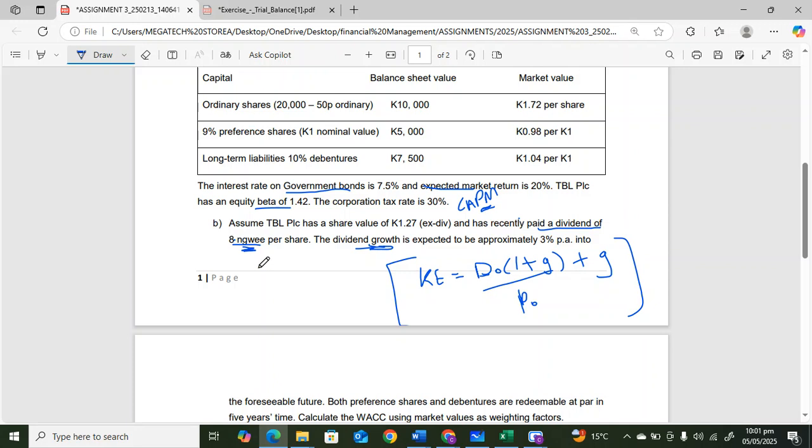So we divide by 100. 8 divided by 100 is 0.08 kwacha. So this is your D0.